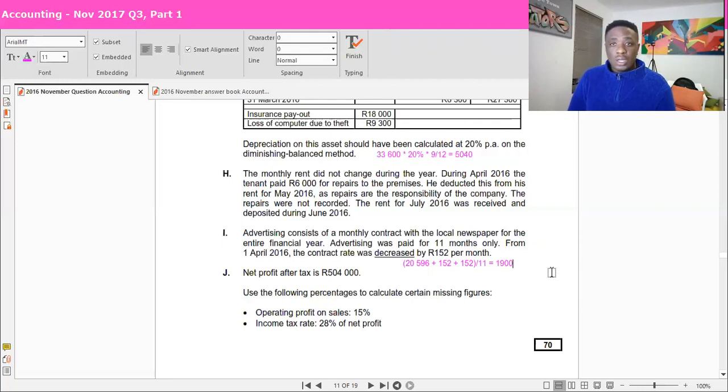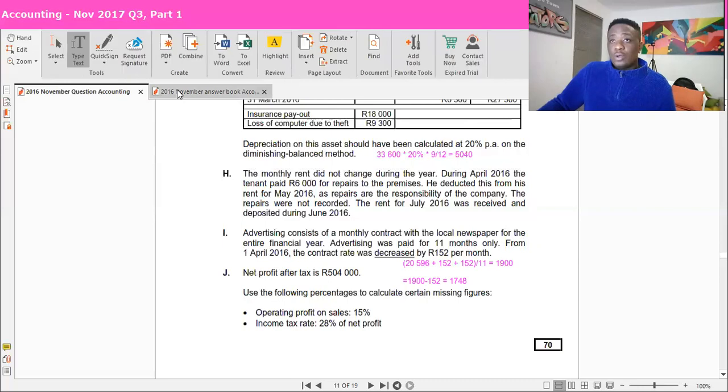So advertising was previously 1,900 per month. And then from 1 April 2016, for May 2016, and then we'll also include the one now for June 2016, it was reduced by 152. So let me say 1,900 minus 152, that will give us an amount of 1,748.